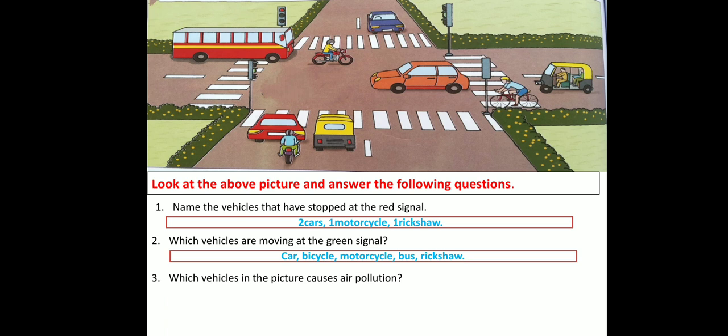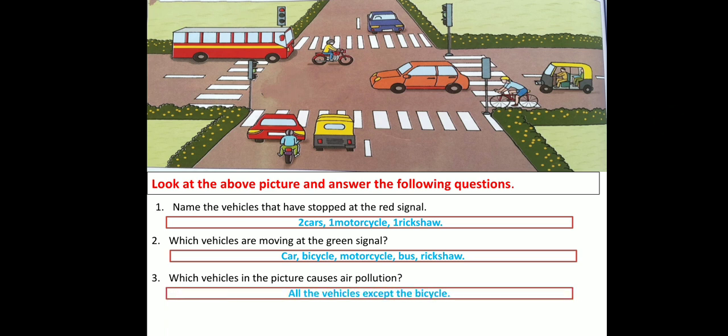So from the bicycle, there's no smoke, so no air pollution from the bicycle. But the cars, the motorcycle, the rickshaw and the bus, they all let out smoke which mixes in the air, and that air is breathed by us, which causes damage to us. It causes problems to us. In other words, it's air pollution. So which are the vehicles? All the vehicles except the bicycle. Except means not the bicycle.